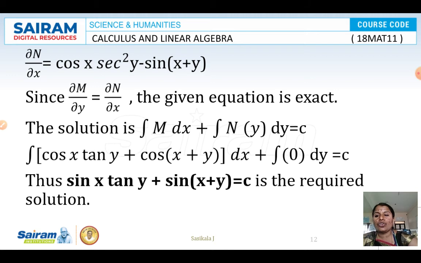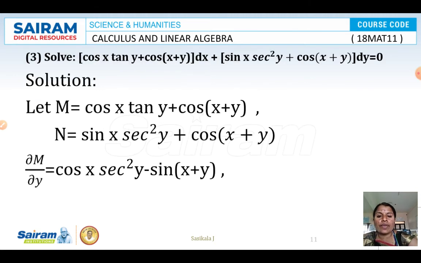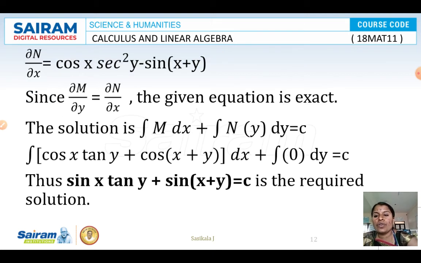The next one, dou N by dou x: cos x secant squared y minus sin of (x plus y) from this equation. Now both are equal, that is dou M by dou y equal to dou N by dou x. Therefore, the given equation is an exact equation. Now we need to integrate M dx plus N dy equal to c.